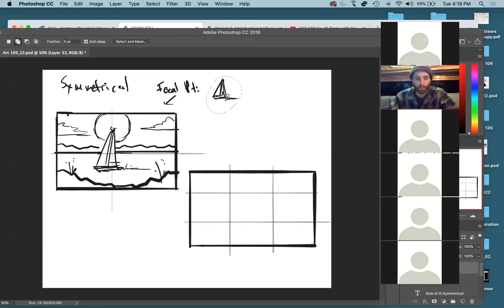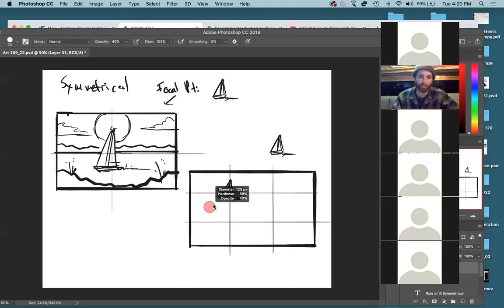All right, so we can take this guy. As I move this, I can put this guy here, here, here, or there. Any one of those would work. Let's try it up there. Now this creates some more interesting space around the focal point.